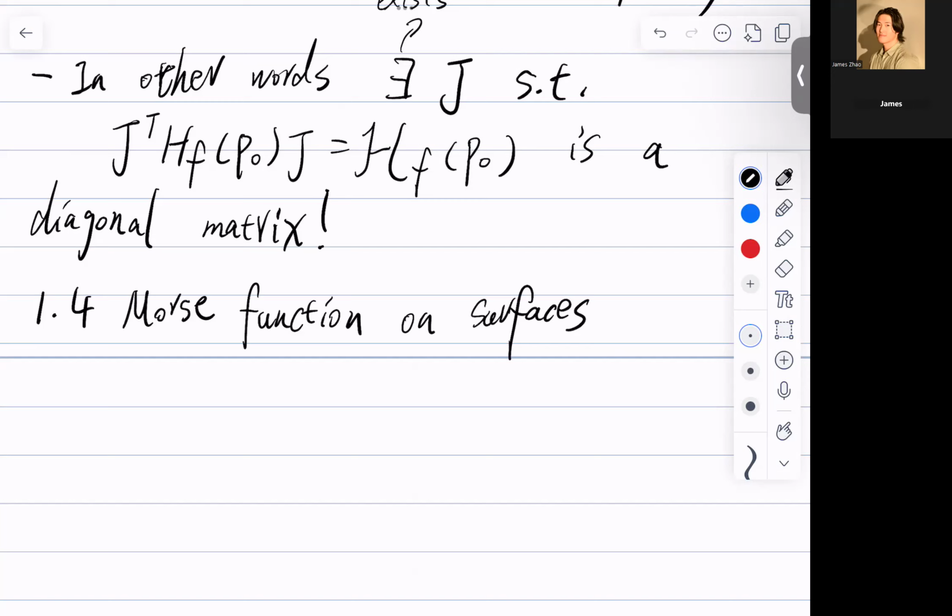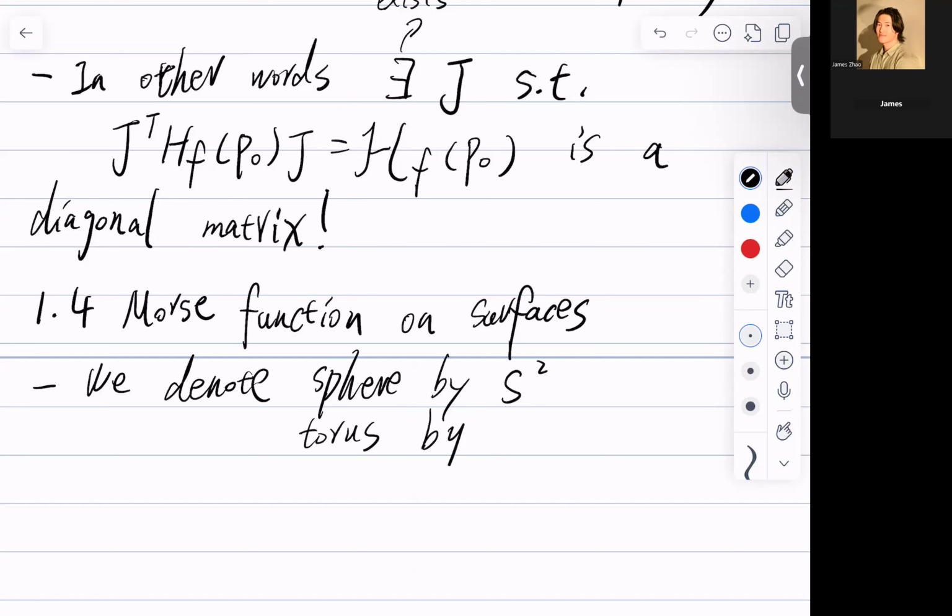So first, let's denote some conventions for us. We denote spheres by S2 and a torus by T2.